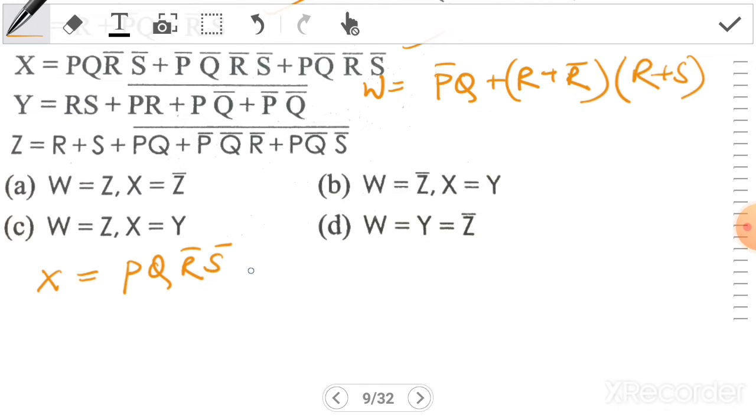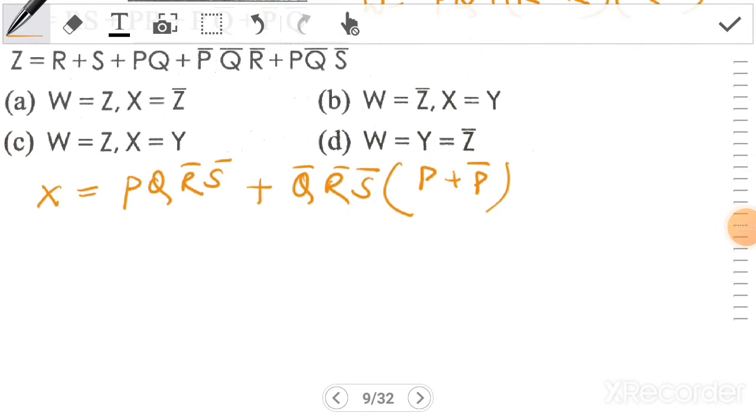Okay, so you can take Q complement R complement S complement common here, then P plus P complement, which is 1. So now again you can take R complement and S complement common. So you will have PQ plus Q complement.